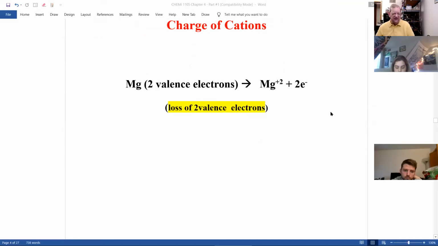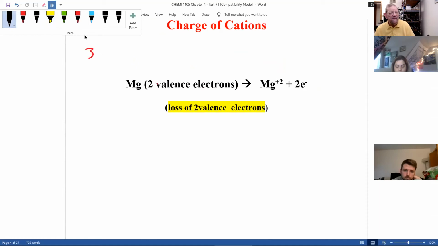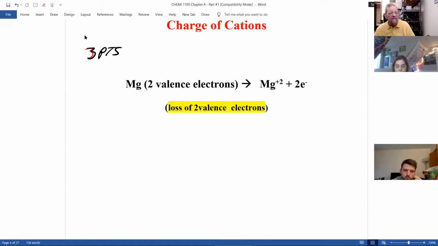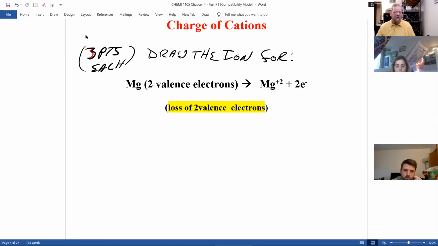Now, the question would be, draw the ion for, in this case, magnesium.